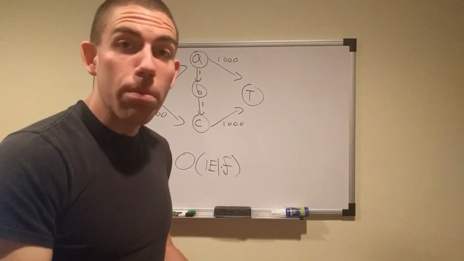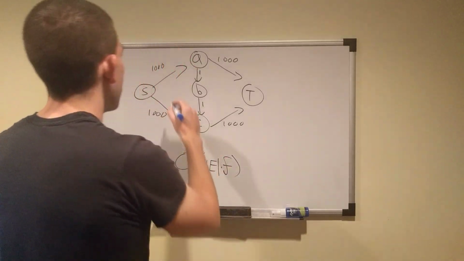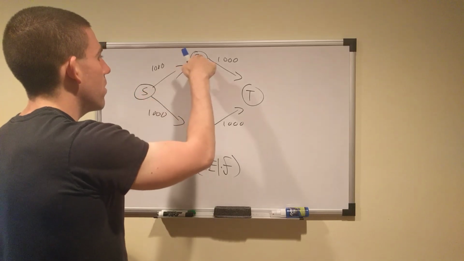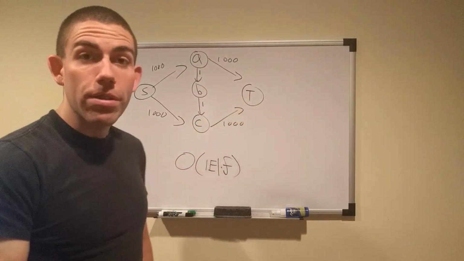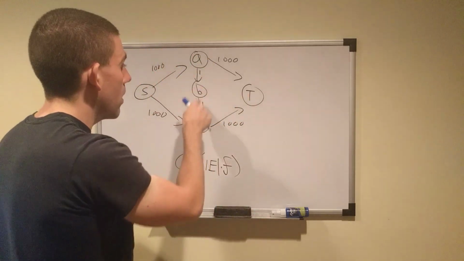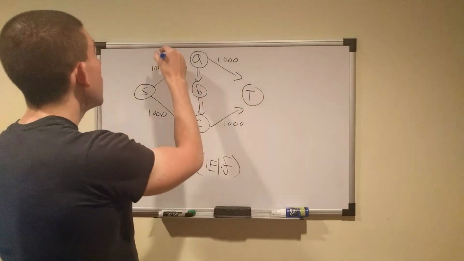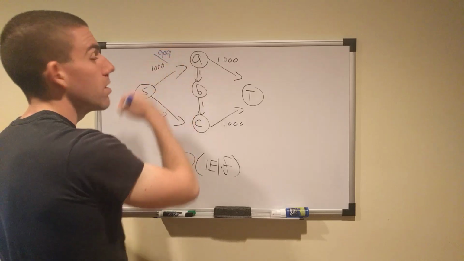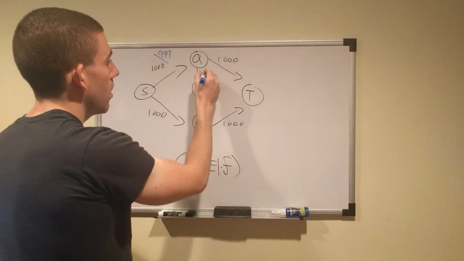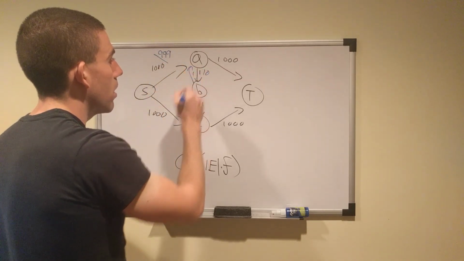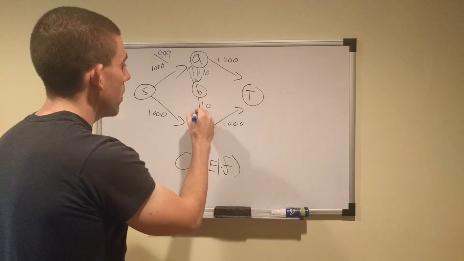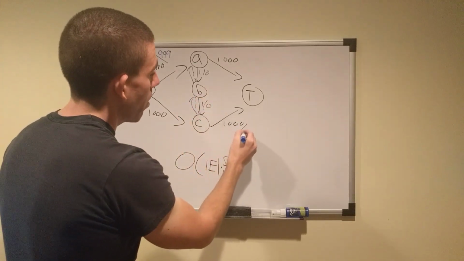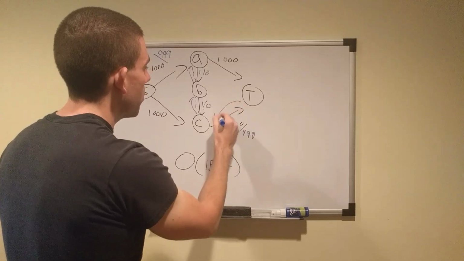So in the worst case, what might happen? Say your depth first search goes from S to A to B to C to T, because that's a valid path, right? We have positive weighted edges going along the whole way. At that point, you have 999 left here, 0 left here because you sent 1, and 0 left here because you sent 1, and then 999 left here because you sent 1.